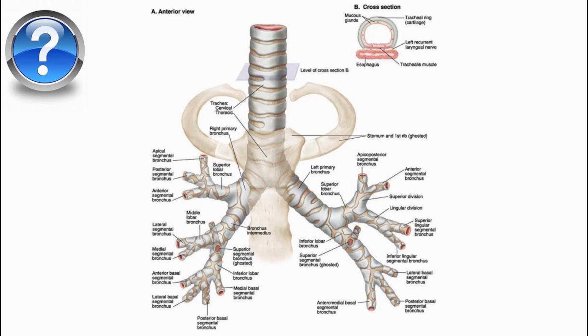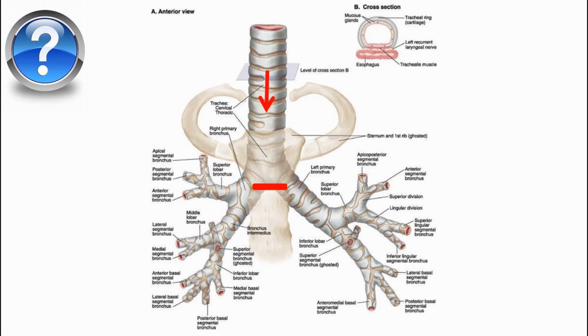Let's ask a few questions about this view, which is a nice detailed view of the trachea and its main branching. The trachea ends at the level of the sternal angle, where it divides into right and left main bronchi, and the trachea in itself, as we can see, is a midline structure. It should not be deviated to the right or to the left, and it has a cervical part.